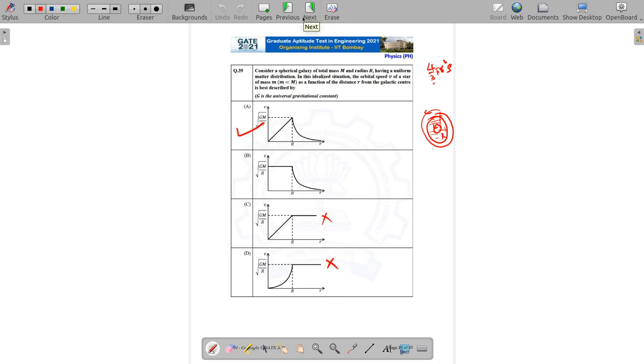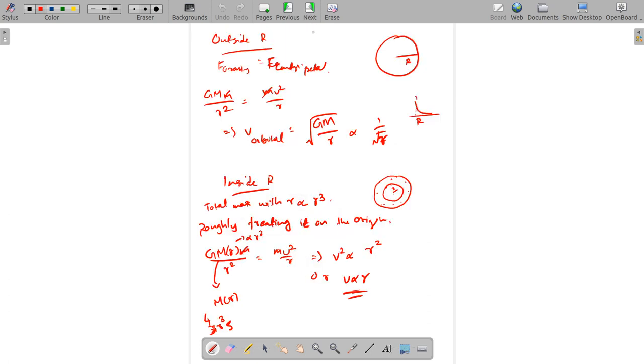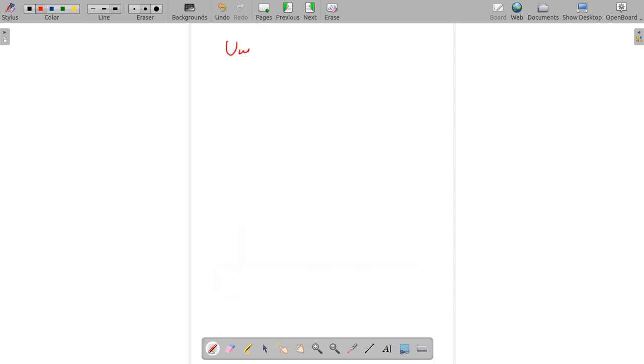One thing I wanted to mention here: a similar setup comes when you have a uniform charge distribution along a sphere. If you look at the electric field at any point, if R is the radius of the sphere, and you plot the electric field E of r as a function of r, you get the same kind of trend.